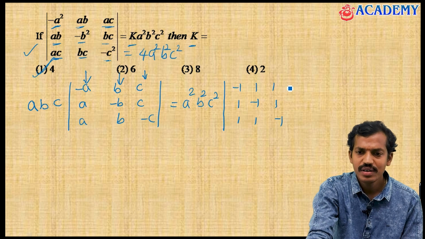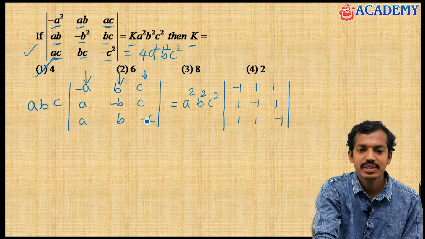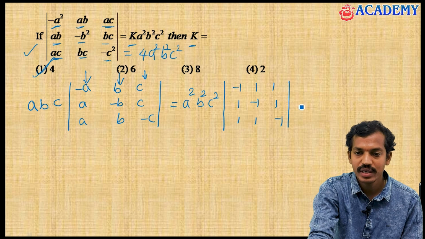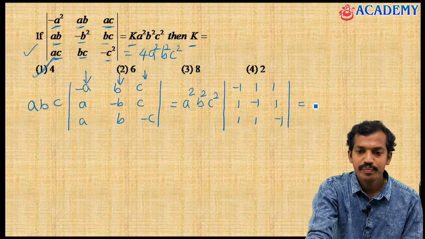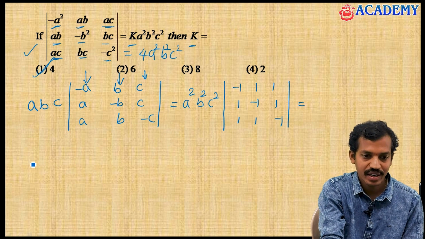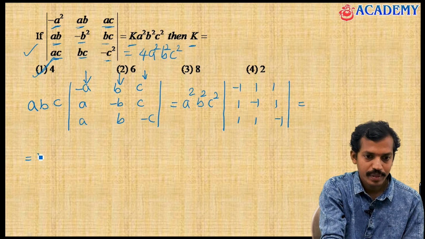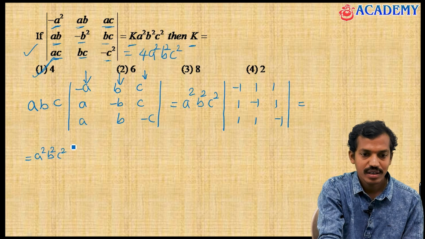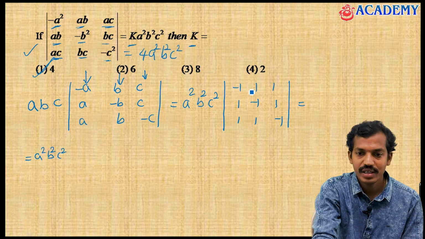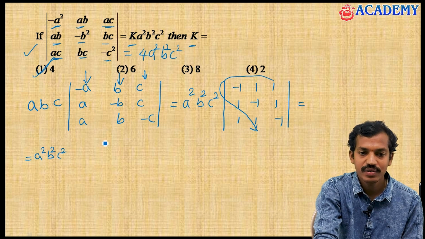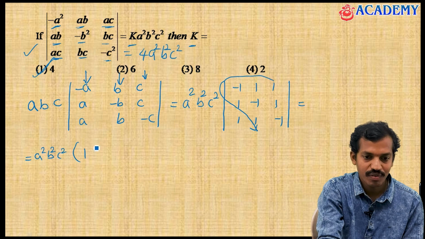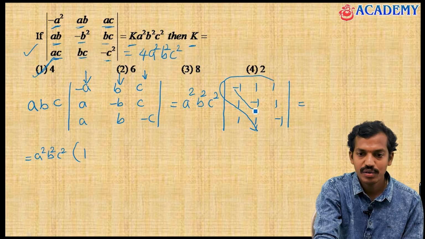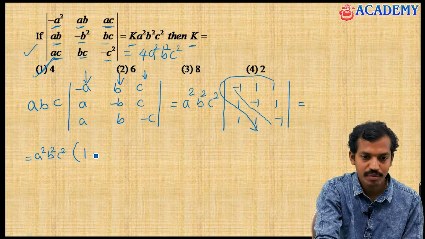Both the previous problem and this problem are based upon determinants only. I am writing here equals a square b square c square times the determinant. Finding it directly: 1 into minus 1 into minus 1 is 1.